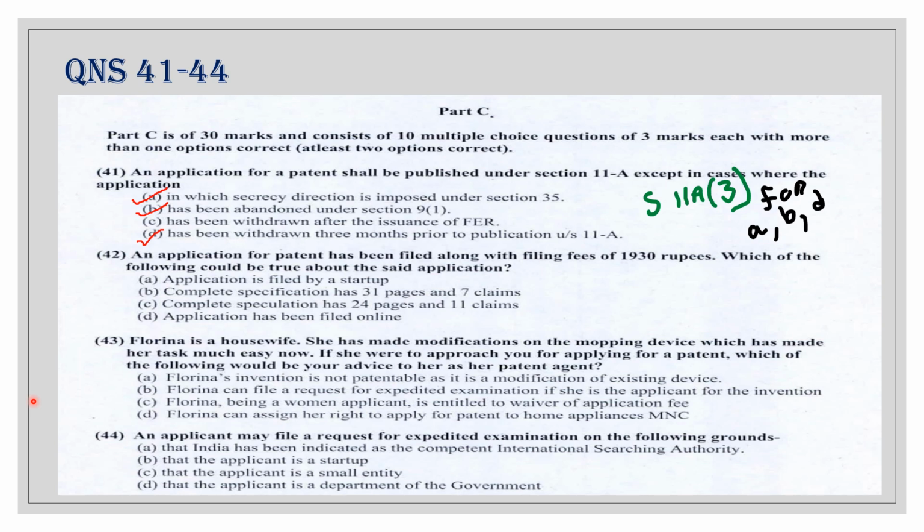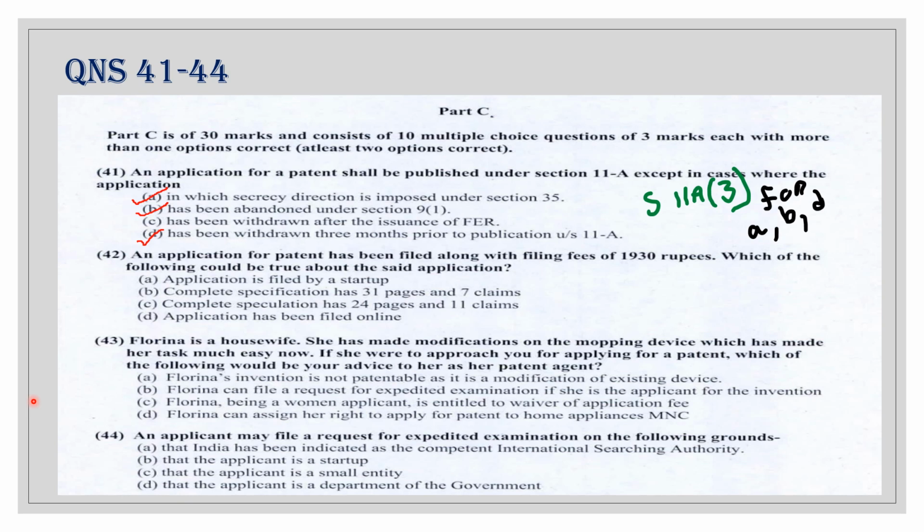Okay, so here friends, we can see the first schedule: physical filing fee for an individual or startup is 1750 rupees, that we know. And we know for an extra sheet it costs 180 rupees.